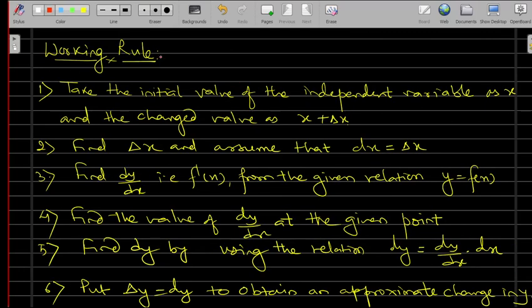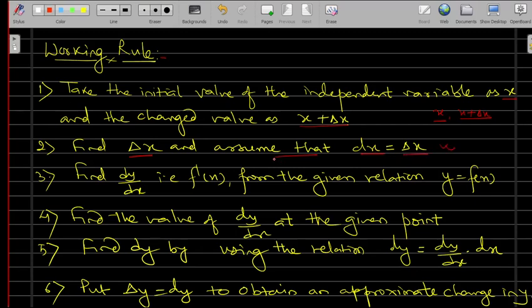Now here are some working rules. Take the initial value of the independent variable x; y is the dependent variable. Change the value to x plus del x. It will be given as x and x plus del x. You need to identify the change from one value to another, that is del x, and the initial value is x. Find del x and assume that dx equals del x.